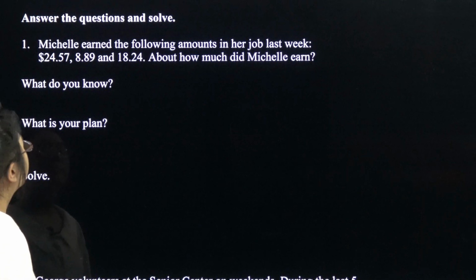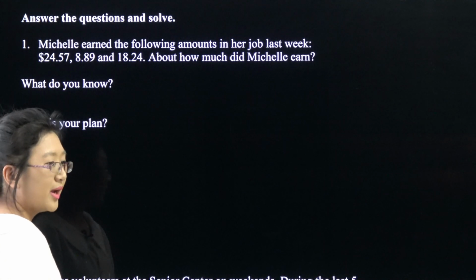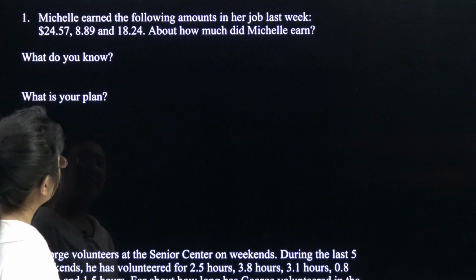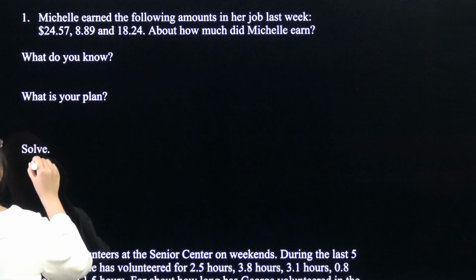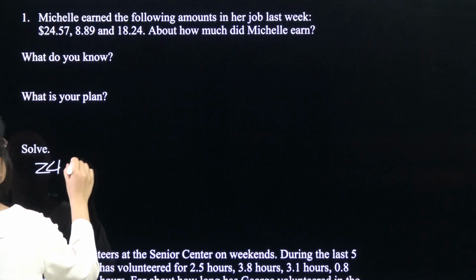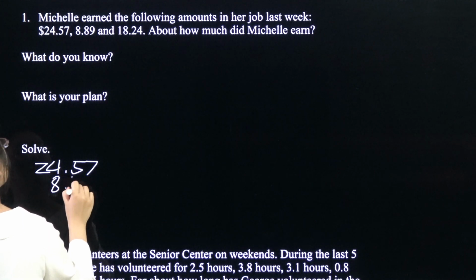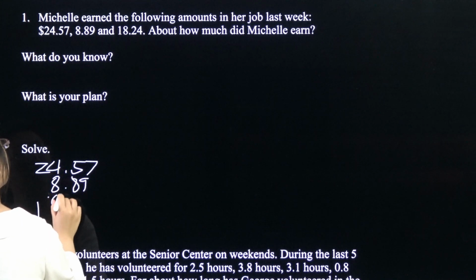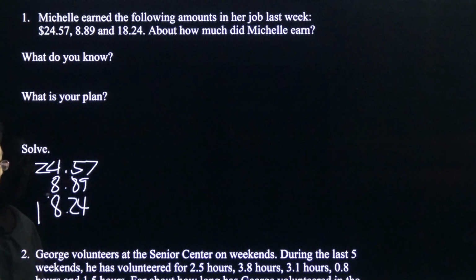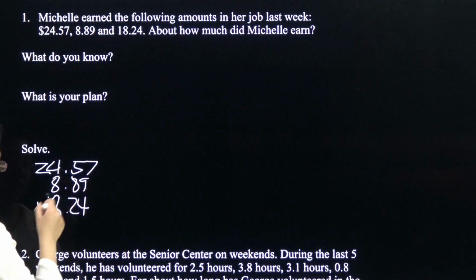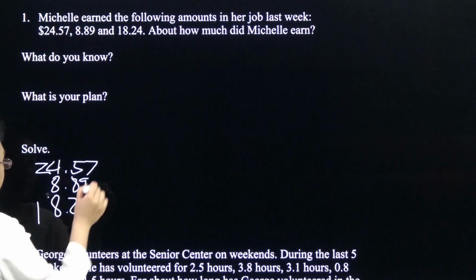Now we're going to solve. So usually for money, you want to estimate to the nearest dollar. So to estimate to the nearest dollar, which is in the ones place, we have to look at the tens place.